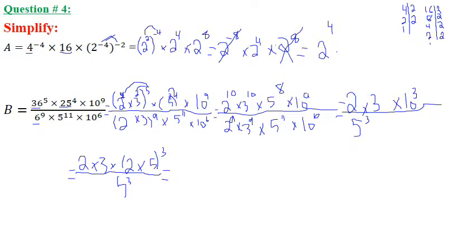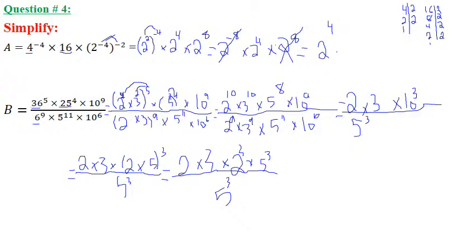Now let's get the power 3 of the parentheses inside, so we write 2 times 3 times, let's get the exponent inside for everyone, 2 cube times 5 cube over 5 cube.